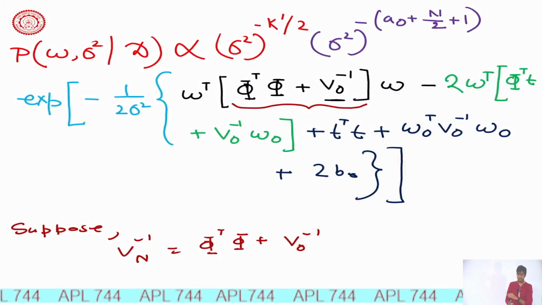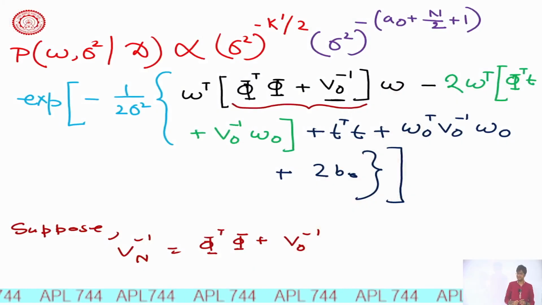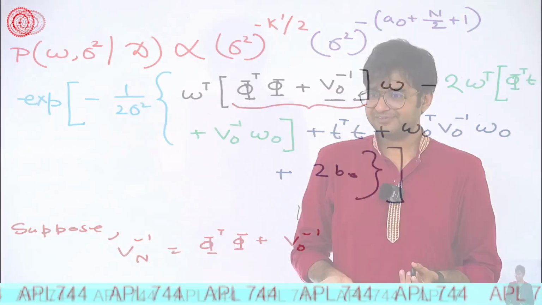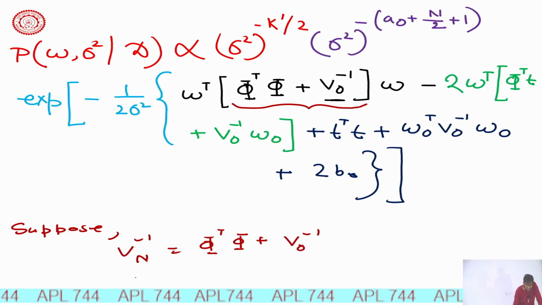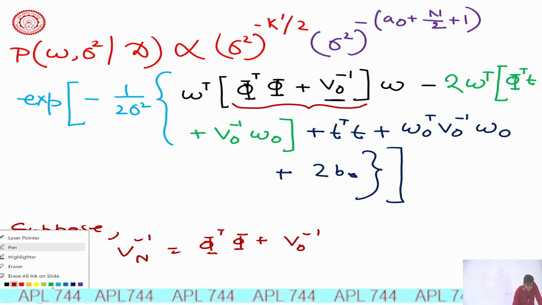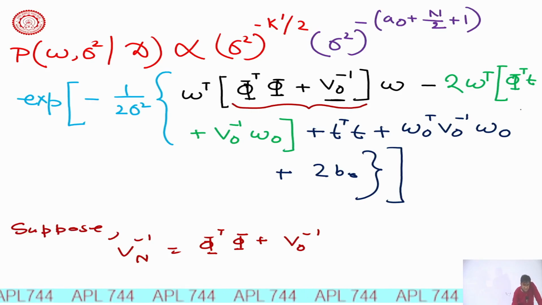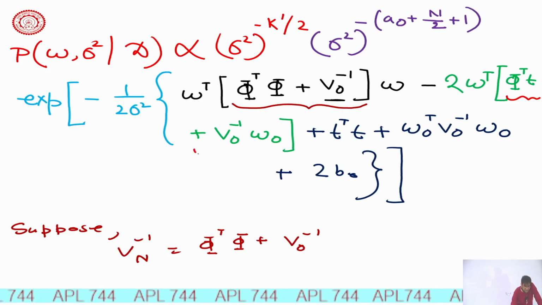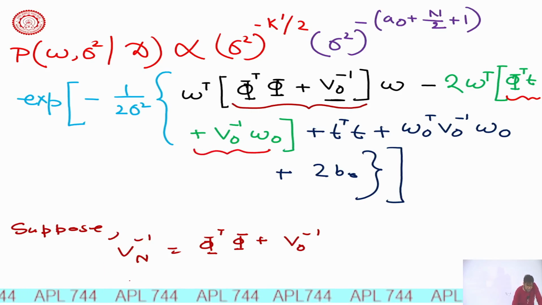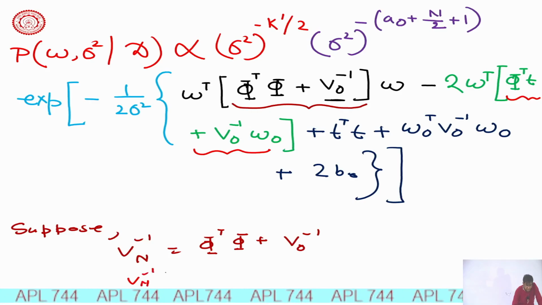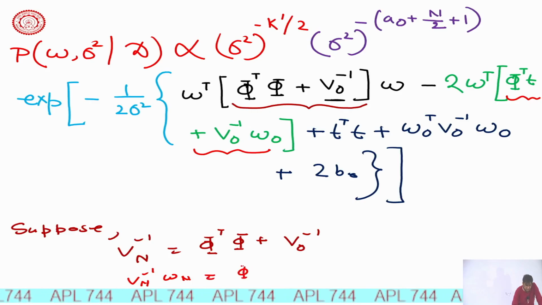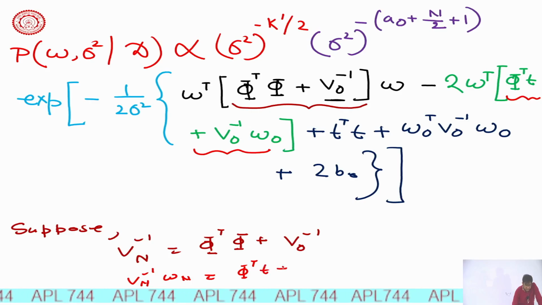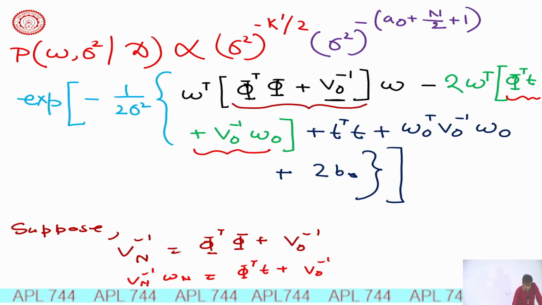So now if it is going to be the posterior, I should call it Vn inverse Wn. Just comparison, nothing else. Okay. And we also introduce, take this whole term, and we call it Vn inverse Wn is equal to P transpose T plus V naught inverse W naught.